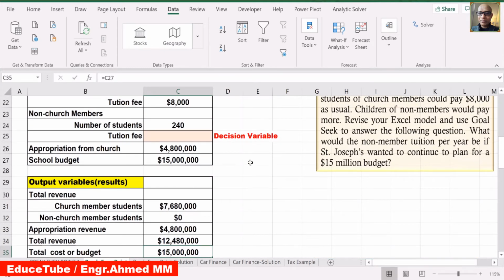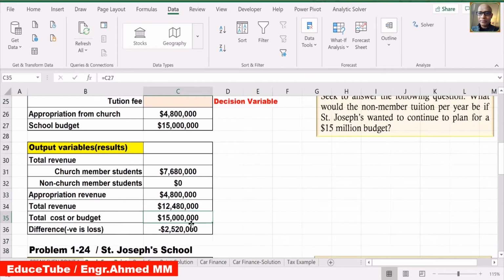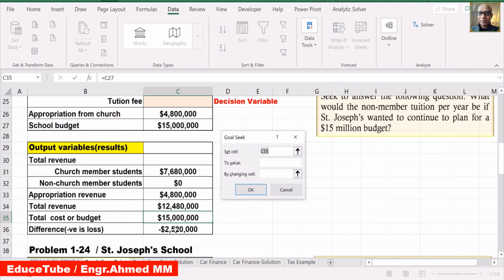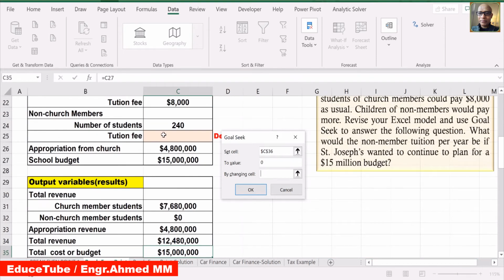So our question is the tuition fee, so we have to make the difference 0. We bring up goal seek and put 0 for this difference cell. The cell to be changed is the non-church member tuition fee, which is our target to get.